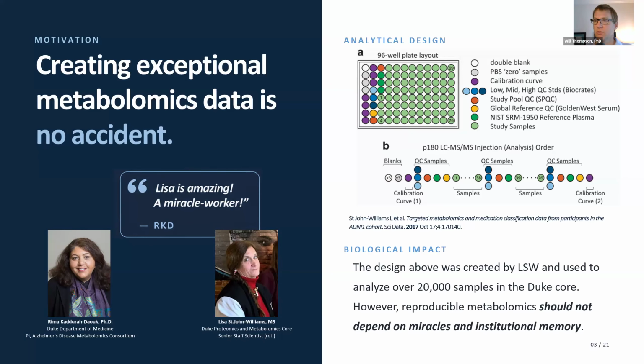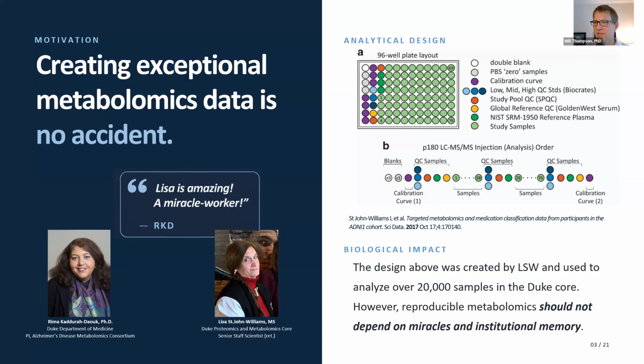And really, many of us who do this understand the kind of work that goes into this effort. And one of my favorite things, Rima's very gregarious, and she used to say things like, "Lisa's amazing, a miracle worker." And those kinds of things are great in the praise. It became very clear, though, that much of the data quality was really specifically because of Lisa.